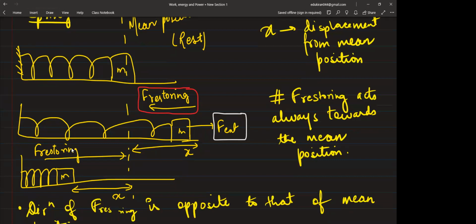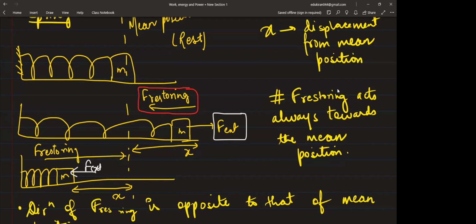Similarly here, if I compress it, there is a compression produced in the spring. So again, I'll calculate the distance from the mean position. Now the restoring force will act towards the right. Why? Because the mean position is towards the right, so that it can go back. I have used the external force to compress it. Now the restoring force is in the opposite direction to compensate it.